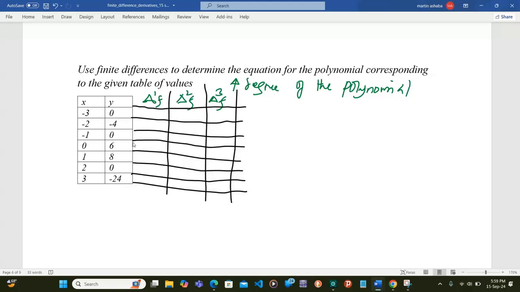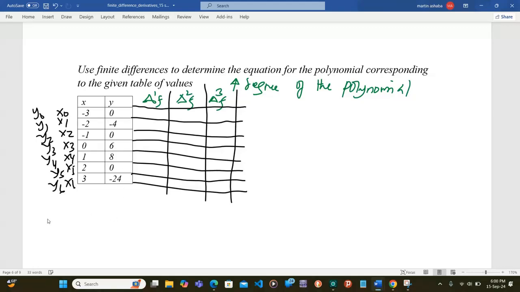So how do we determine the first finite difference? You look at this one as x, maybe x naught, x1, x2, x3, x4, x5, x6. And this one, you also look at it as y naught, y1, y2, y3, y4, y5, y6.